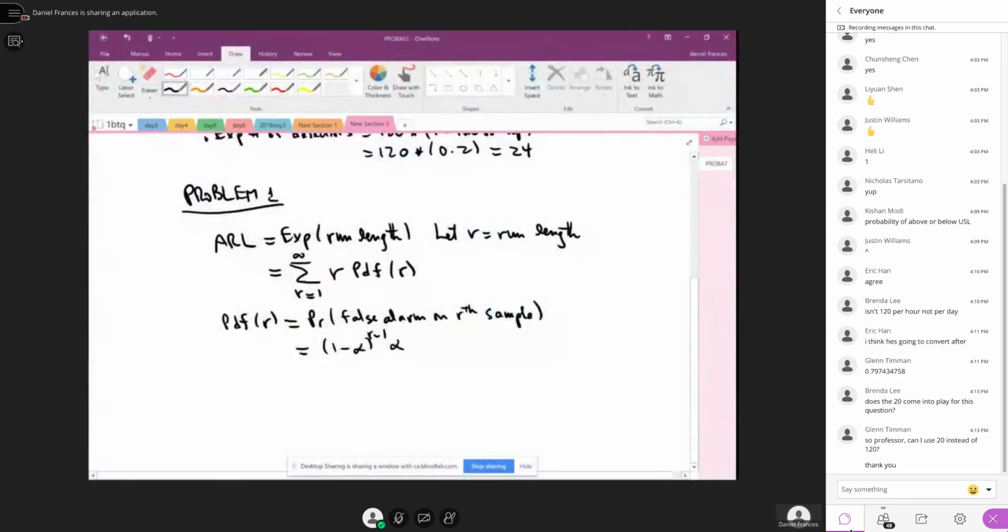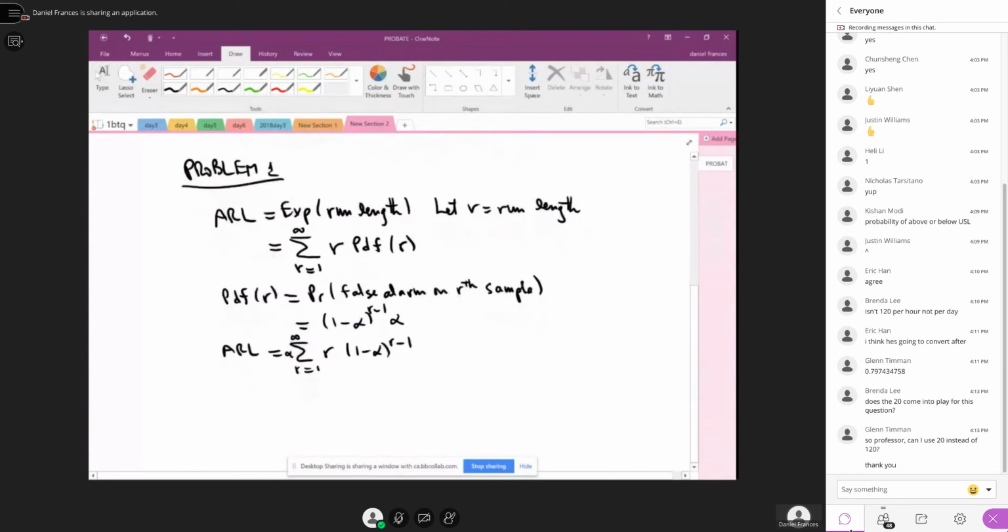So if we do that, the ARL is that same summation, R equals 1 to infinity, of R times... Actually, let's move the alpha out here, because alpha is a constant, and then 1 minus alpha to the R minus 1.